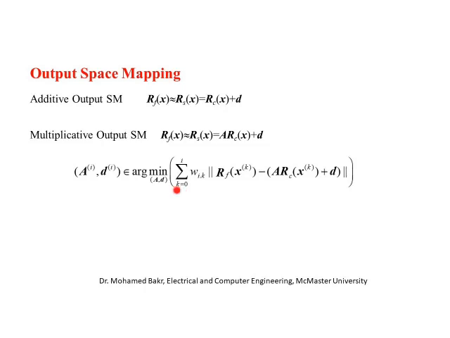Here we assume that at the ith iteration we have I points. So in general, we can use up to I points in this mapping. This is a multi-point parameter extraction. I can do it, of course, using only one point, and this will be called single point parameter extraction. We can do it for both.